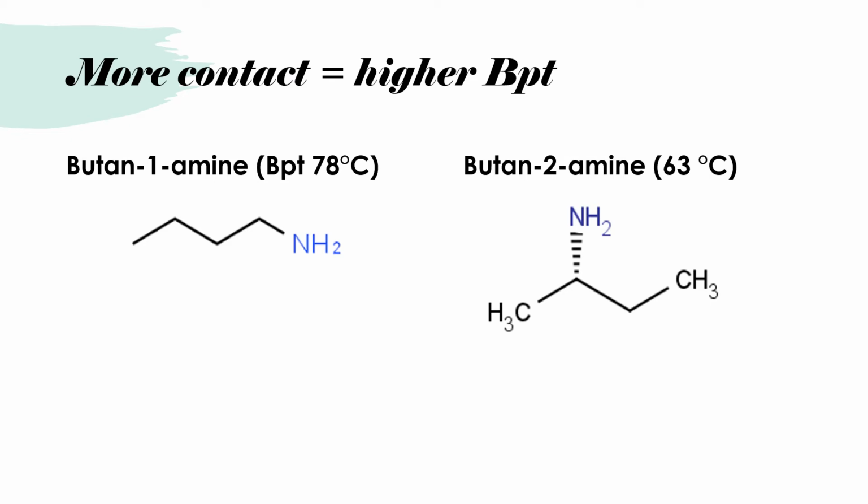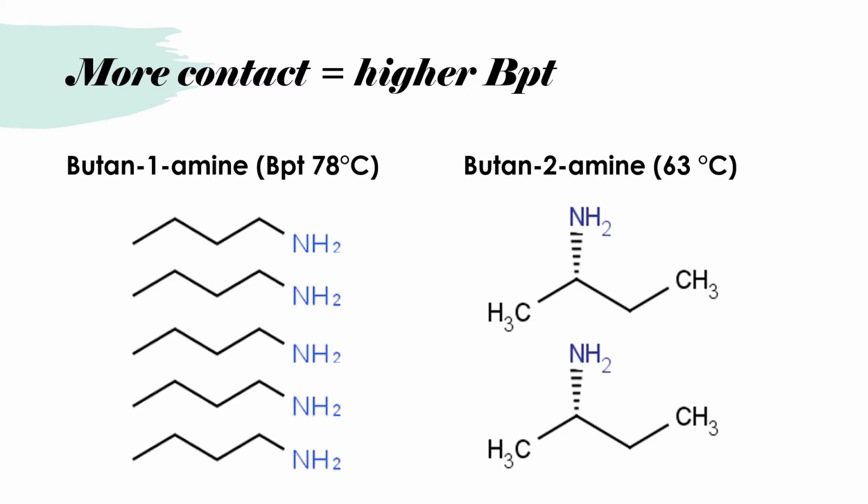It's so easy to see that butane 1-amine on the left quite easily will fit nice and neatly with other molecules, whereas butane 2-amine won't fit as many in. So we can see with butane 1-amine, there's far more points of contact, therefore more intermolecular forces and a higher boiling point, whereas butane 2-amine has got fewer points of contact, fewer intermolecular forces, and a lower boiling point.